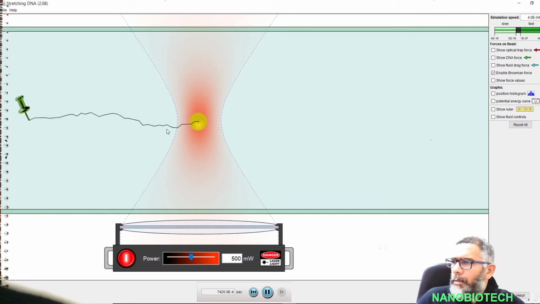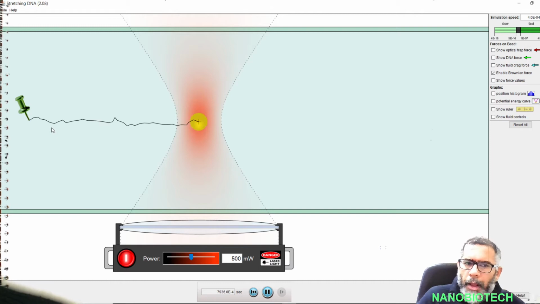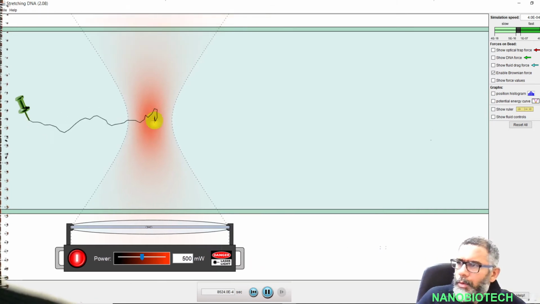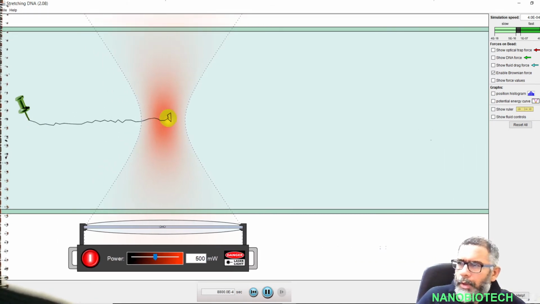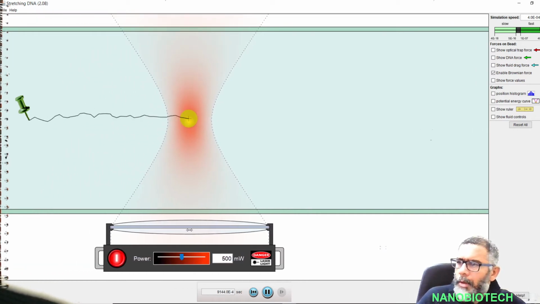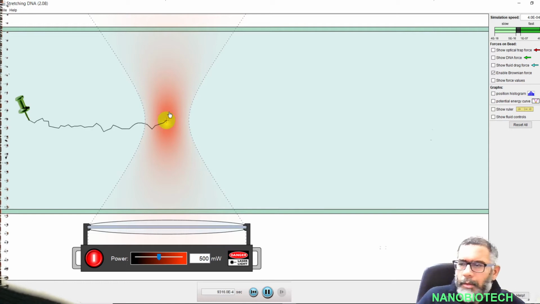As you can guess, if you attach the ends of this DNA molecule, one to a sphere, the other fixed, you can always do this operation. You can extend it by just moving one end with the help of an optical tweezer back and forth. So that's what they do.